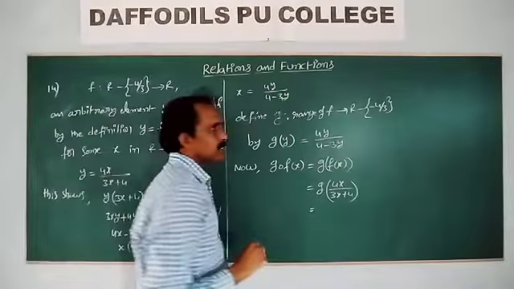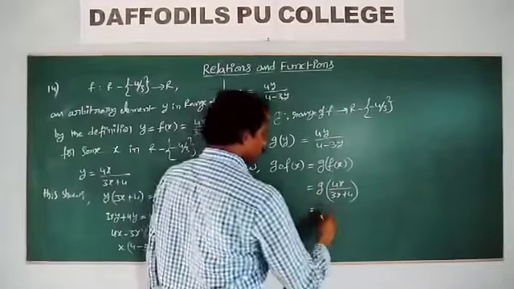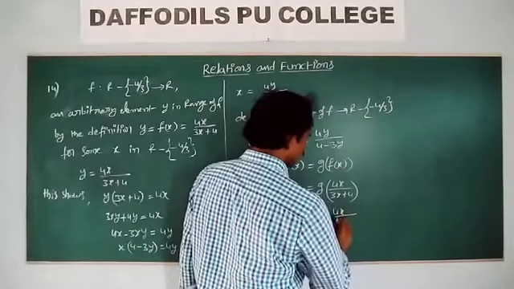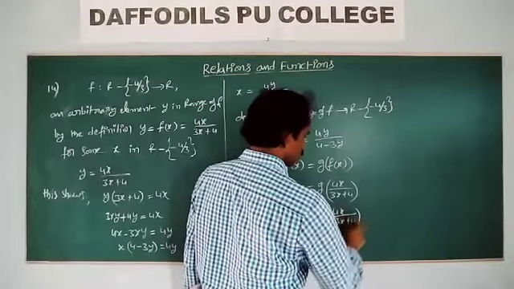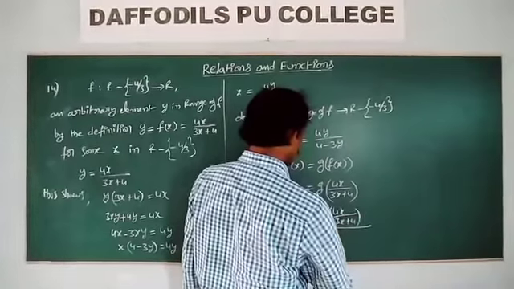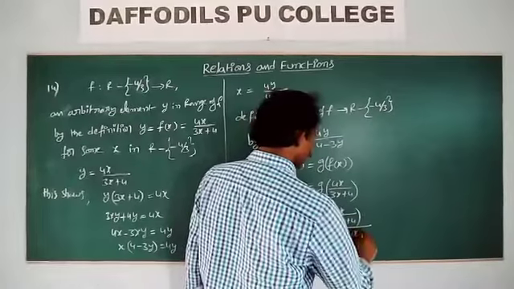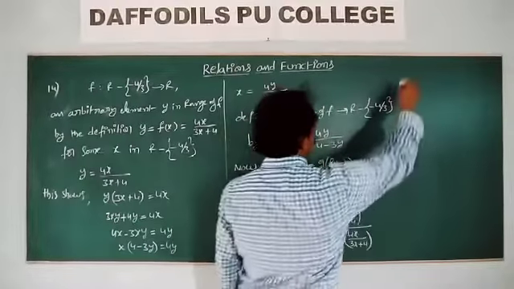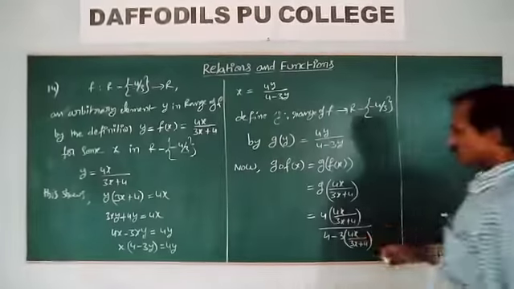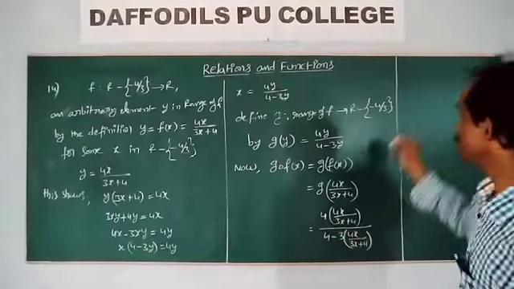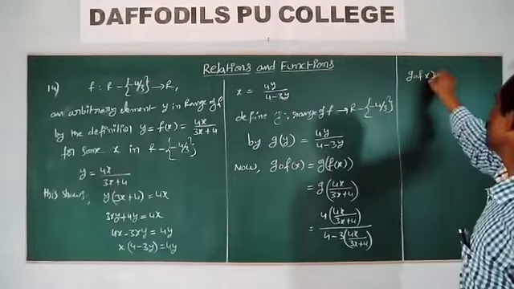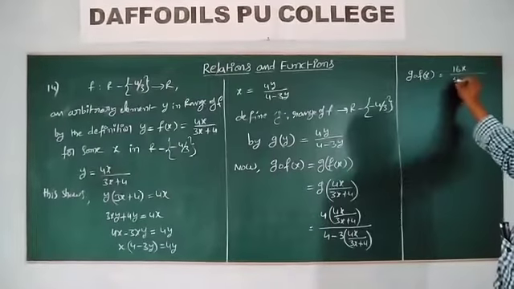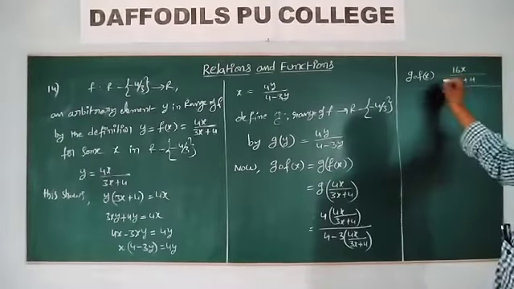This is the input for g of y, so substitute it: 4 of 4x by 3x plus 4, divided by 4 minus 3 of 4x by 3x plus 4.